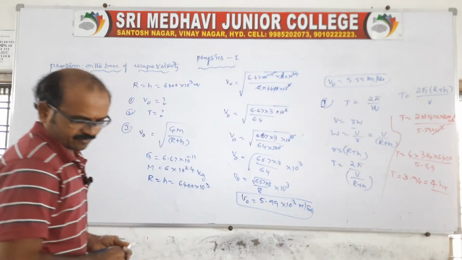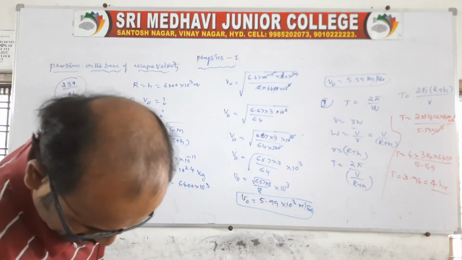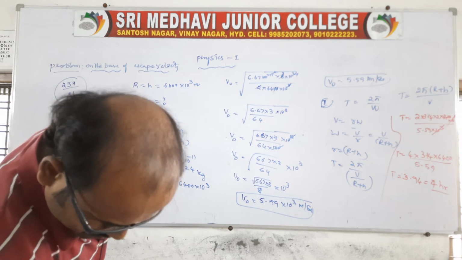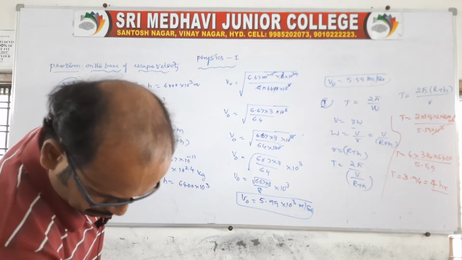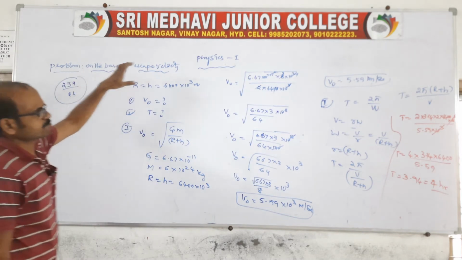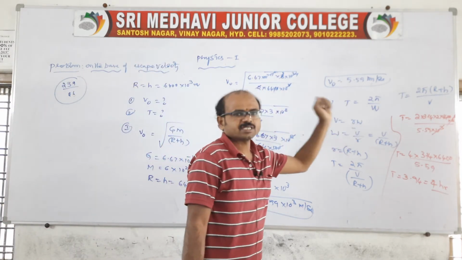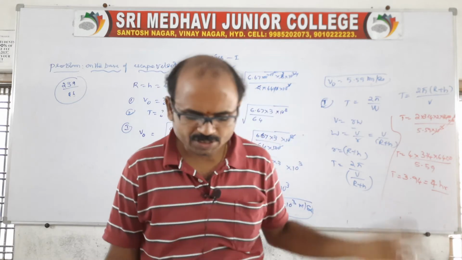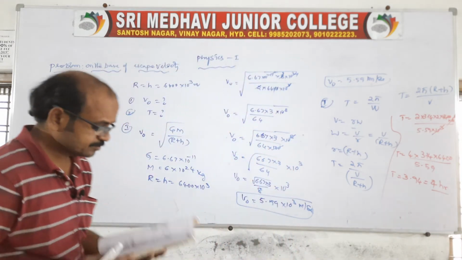This is the way we should do it. Clear? It is the orbital velocity and the time period, so we should do the calculation like this. So go through this problem. Okay.